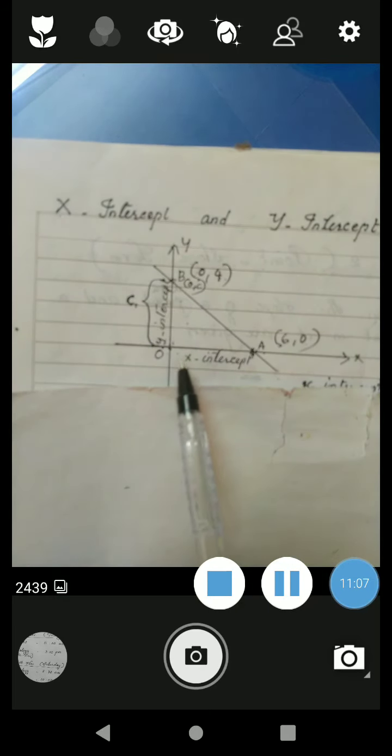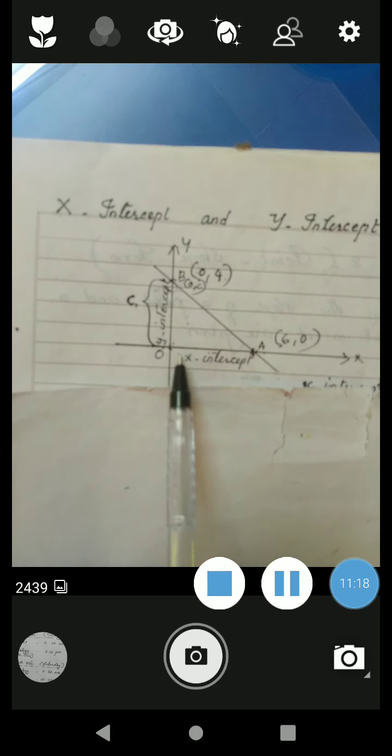Therefore, the distance of point A from origin is called x-intercept. Distance of point B from origin is y-intercept. Here in this case, x-intercept is 6 and y-intercept is 4.